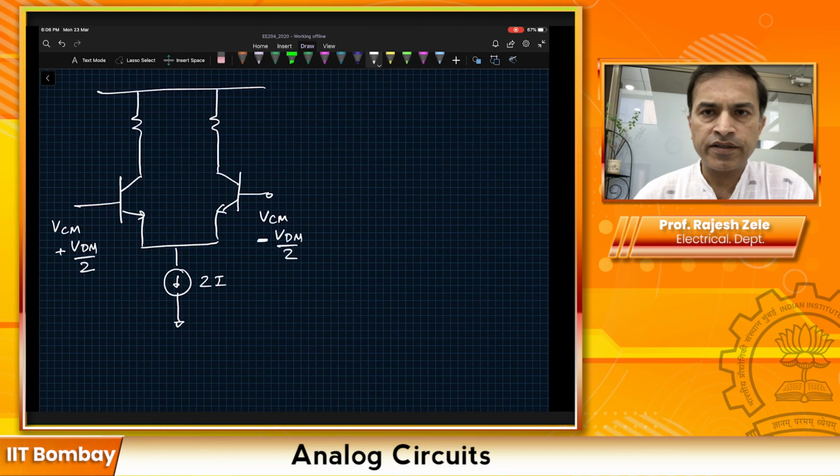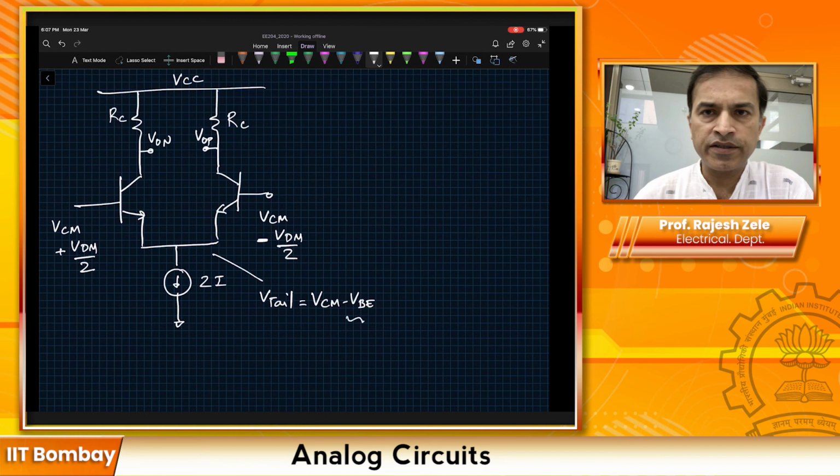Then let me add other information, RC, VCC, okay, and this is your VON and VOP. As we said again, the VTAIL should pretty much remain the same, which is VCM minus VBE, average VBE.